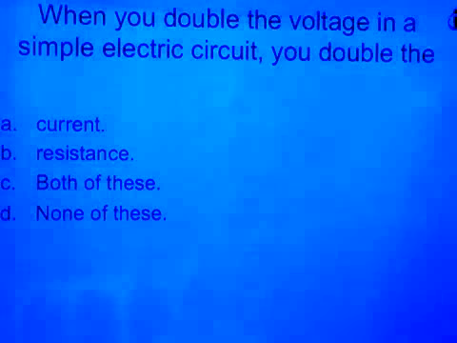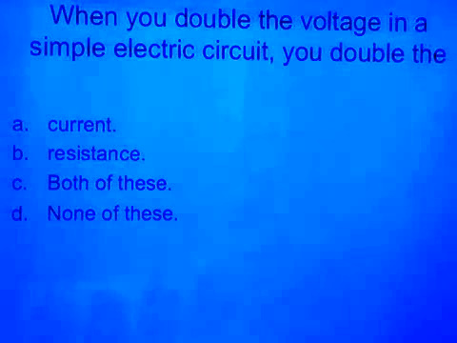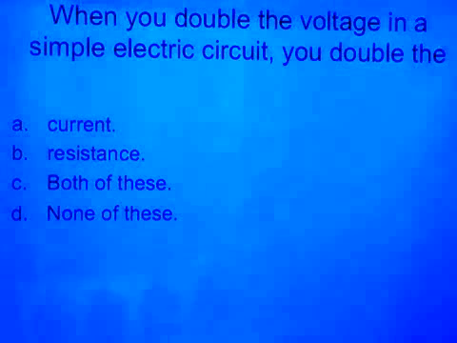This one. Go. If you double the voltage in a circuit, what else doubles? So you have a certain circuit, say it's 120 volts. And then all of a sudden you put 240 volts on it. Same circuit, what happens? You double the voltage. This is Ohm's Law, that relationship.